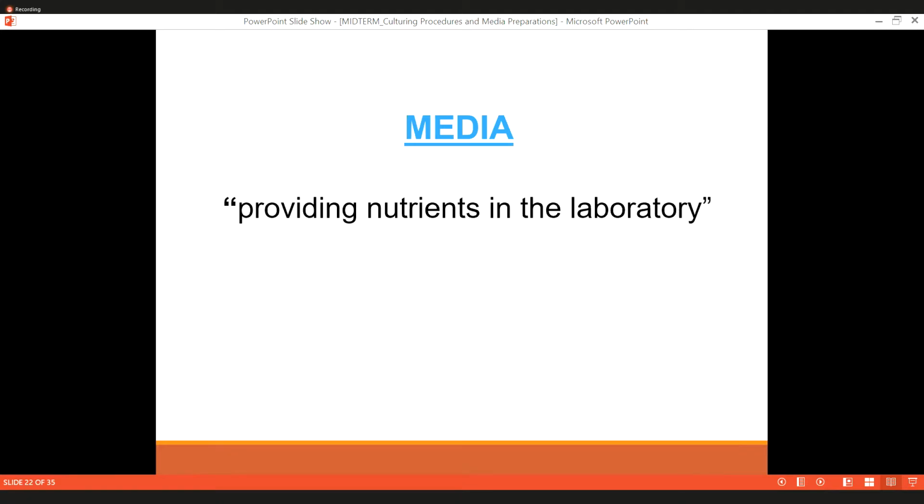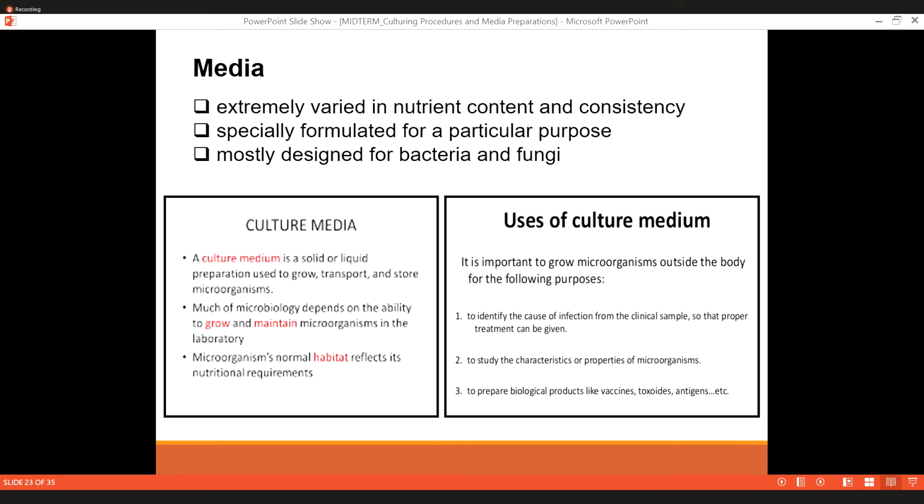Okay. So next is media. We already know that media is our medium that will provide nutrients to our microorganism which we isolated in the laboratory. Our media is considered to be extremely varied in nutrient content and consistency because each media has its own ingredients, and different ingredients, different purposes.